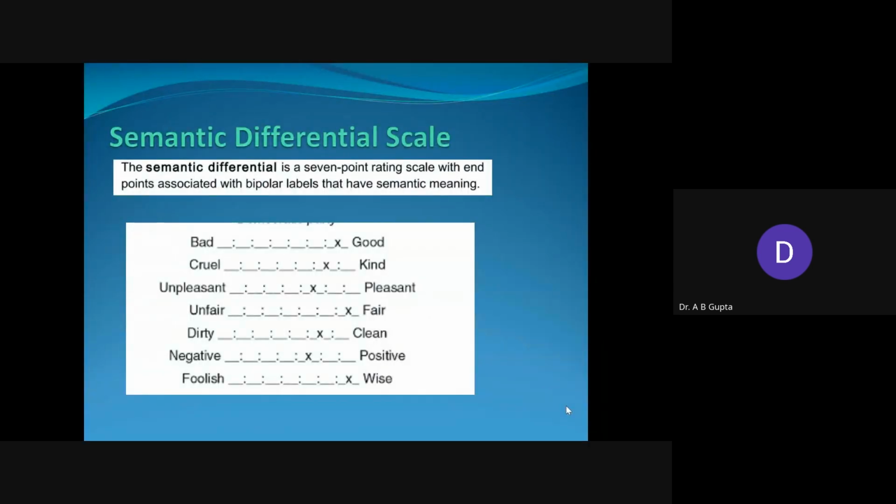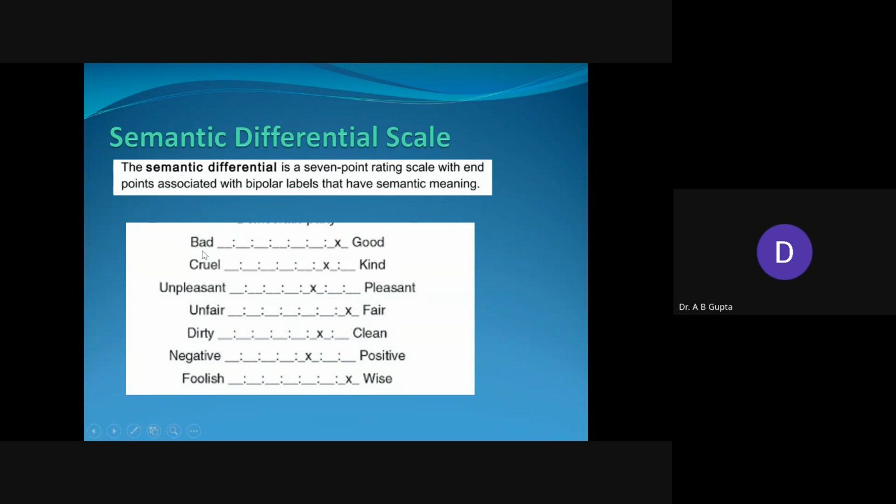So this is my semantic differential. Here, instead of statements as in a Likert scale, I had made certain statements, and I wanted feedback on them. Here I am having these bipolar labels. Suppose I want to know about the personality of a person, the characteristic of a person.